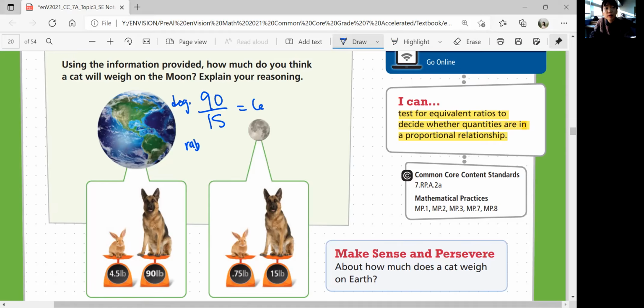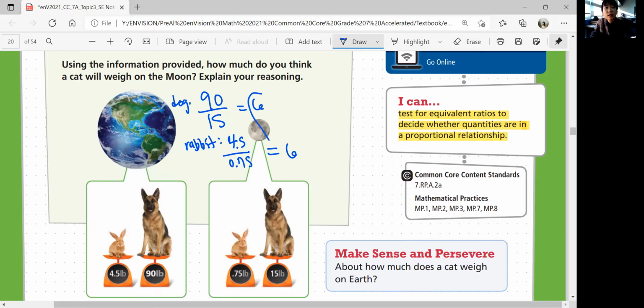What about the rabbit? What's the Earth? 4.5 to 0.75. How much do you have to multiply 0.75 in order to get 4.5? That's also 6. 0.75 times 6 is 4.5.